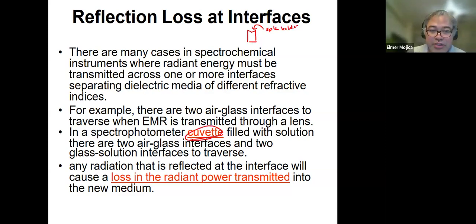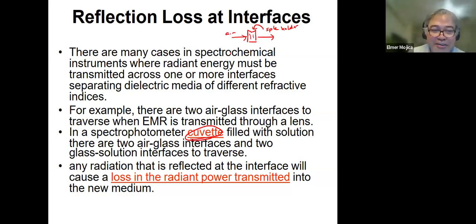Okay, so what happened? How many mediums does it have to pass through? Usually there's two mediums, the air and the glass. But if you're going to do air, glass, and then what? Your sample, glass, and then air.